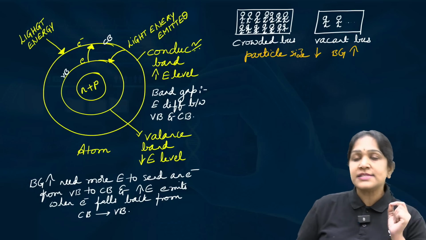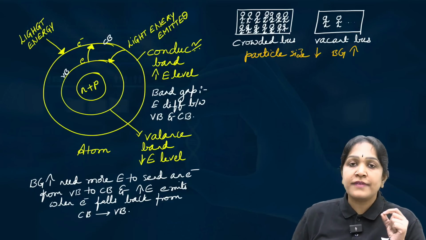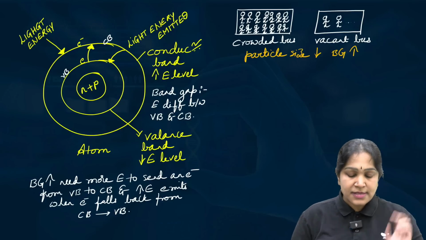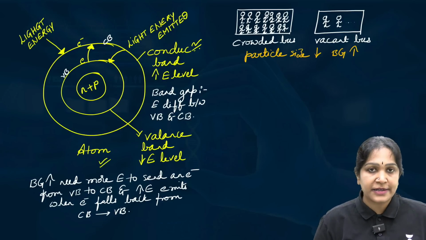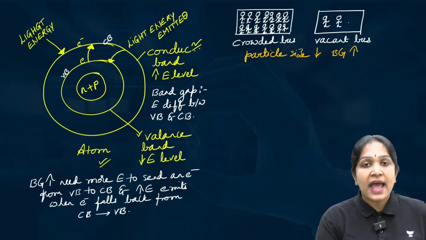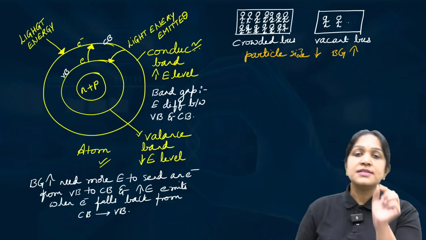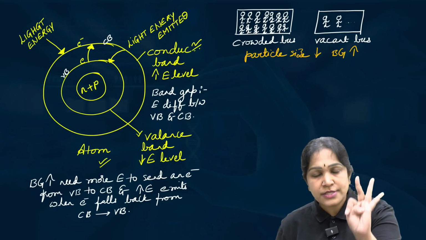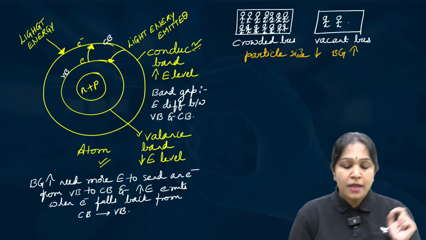To understand quantum confinement, we need to know the basic structure of an atom. This is the basic structure of an atom. The atom contains three subatomic particles: electrons, protons, neutrons.